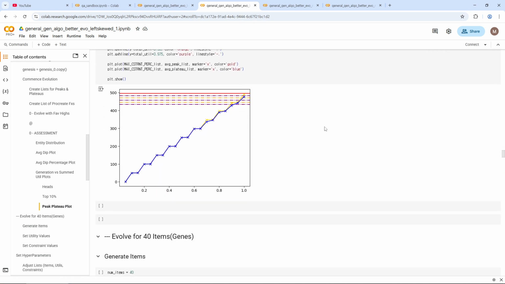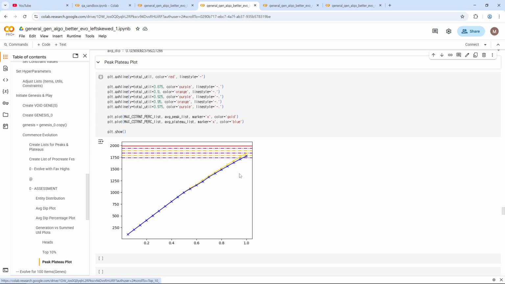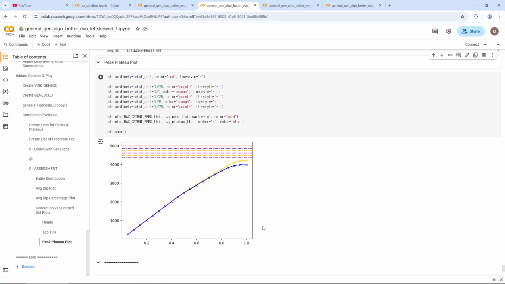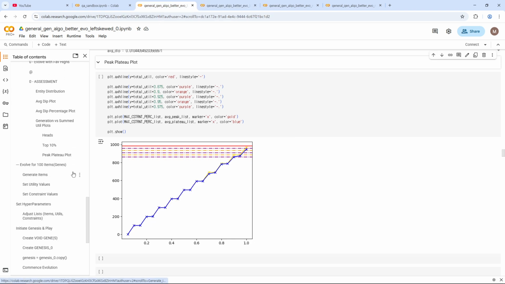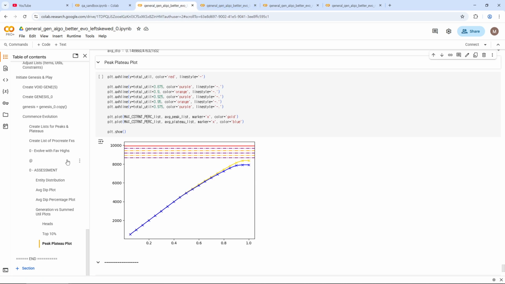And this is what I got. This is the peak plateau plot for 10 items. This is the peak plateau plot for 40 items. And this is the peak plateau plot for 100 items, which are exactly the same. There's almost no difference.